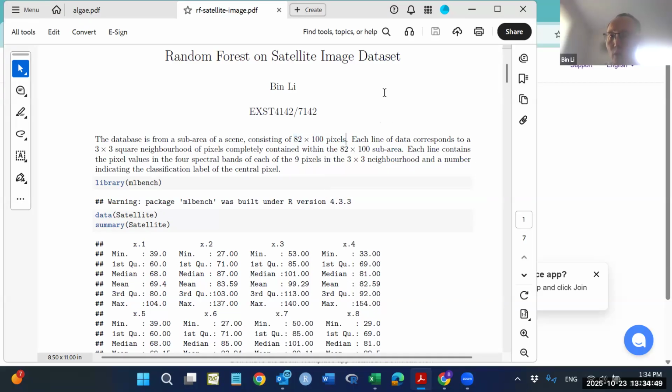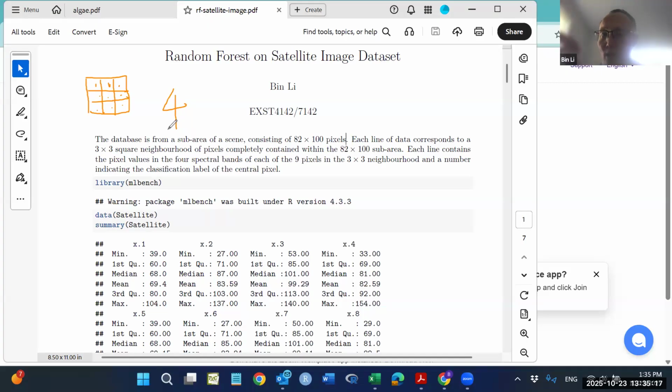Think about 9 pixels in a 3 by 3 square, numbered 1 through 9, and we have 4 spectrum bands.